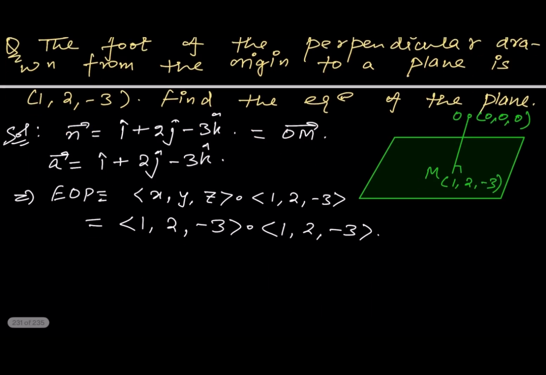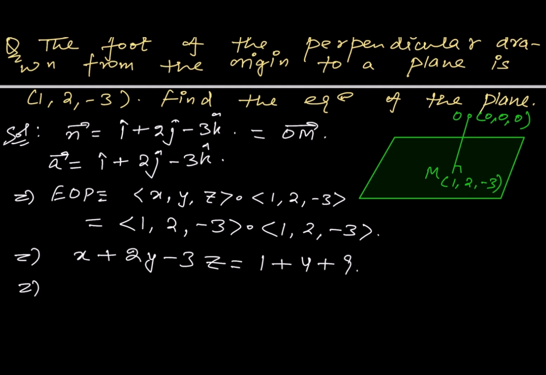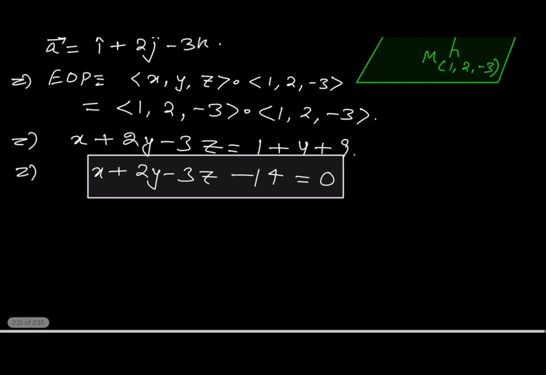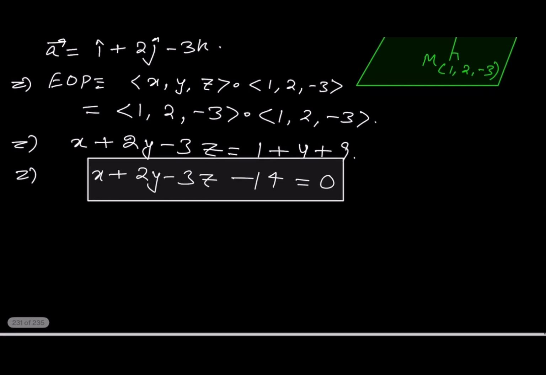Okay, so it is x plus 2y minus 3z is equal to 1 plus 4 plus 9. So it is x plus 2y minus 3z minus 14 is equal to 0. Okay, now let us see one more question.